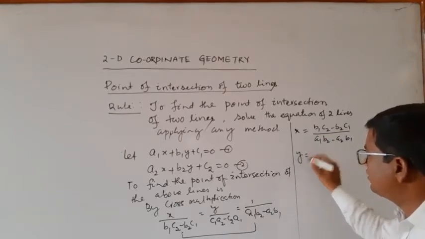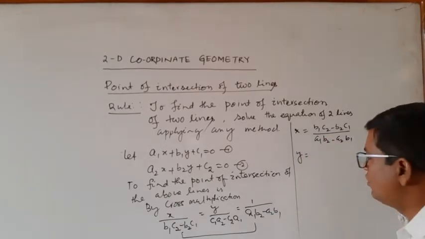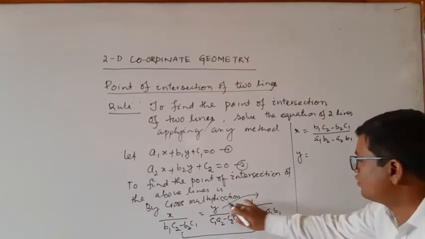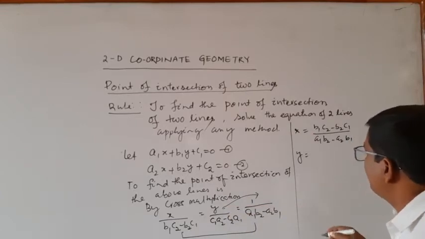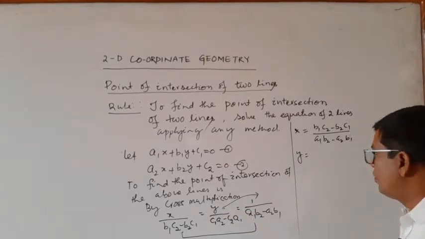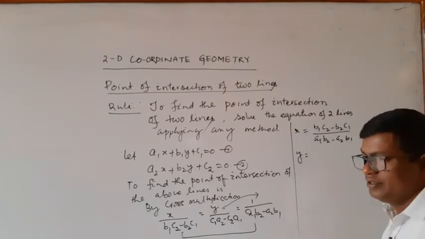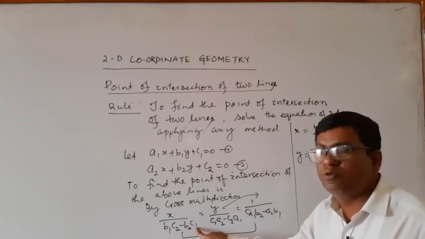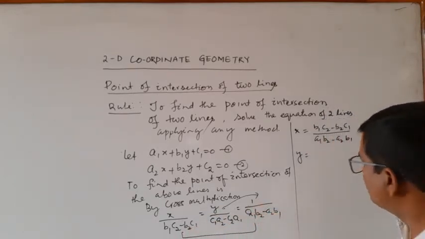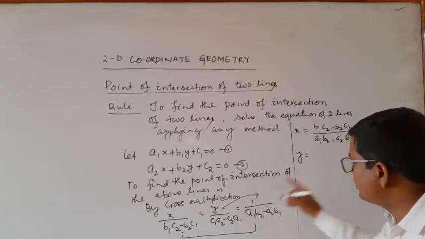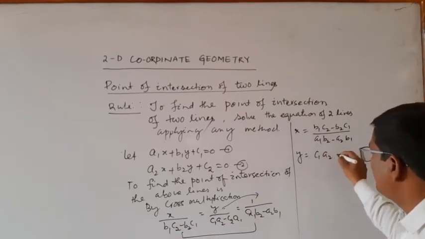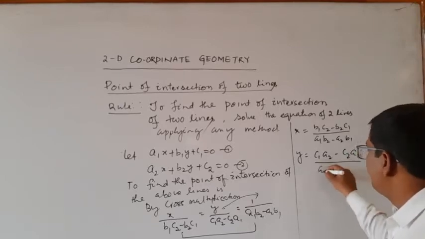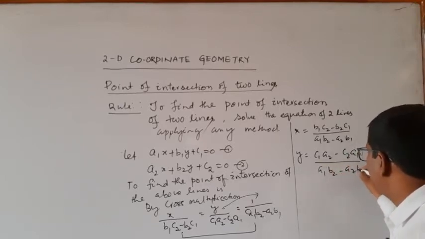Similarly, equating second and third, y is equal to c1 a2 minus c2 a1 divided by a1 b2 minus a2 b1.